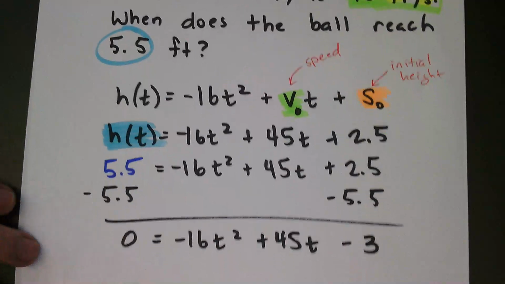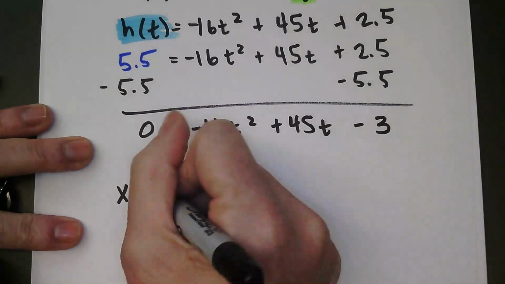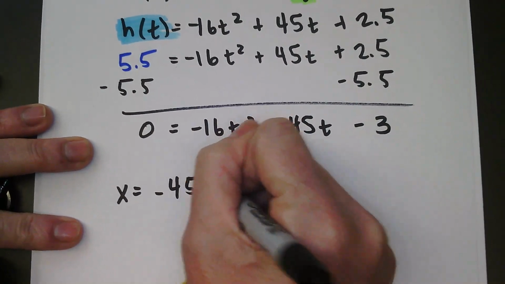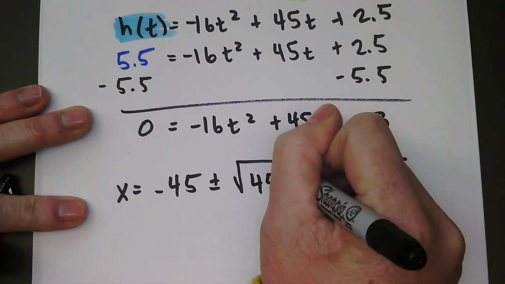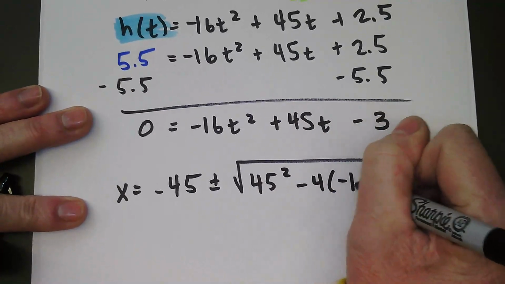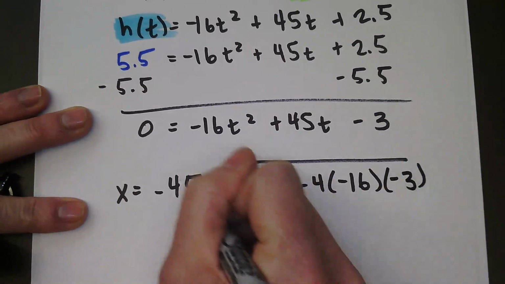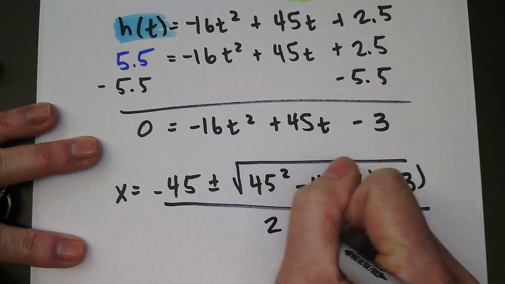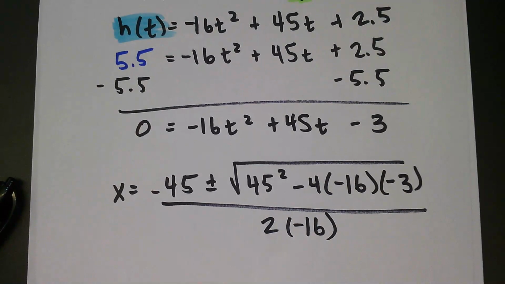So from here, we'll use the quadratic formula. It's going to look like this. x equals the opposite of b plus or minus the square root of b squared minus 4 times a times c, all over 2 times the a value. Now this looks fairly intimidating, right? Because we got a lot going on.